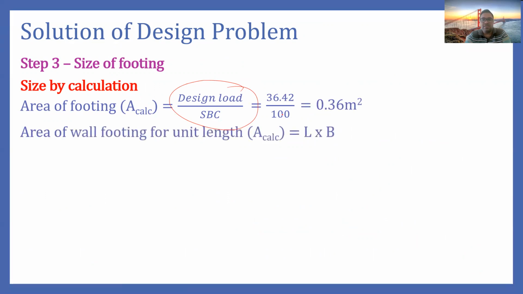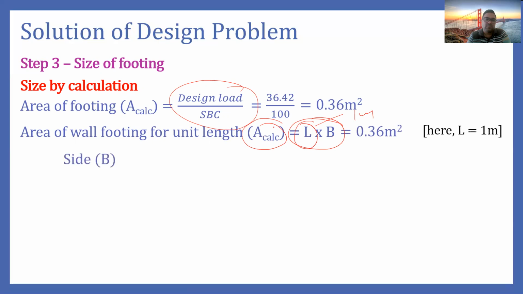Now, the area of footing for unit length will be L times B, and here L will be 1 meter. So 1 into B will be equal to the area of footing calculated. So B becomes 0.36 meter, or 360 mm.